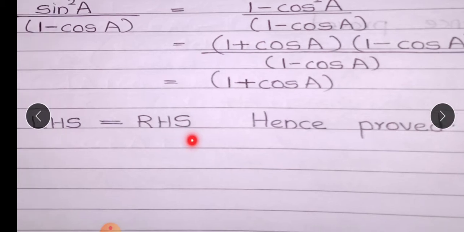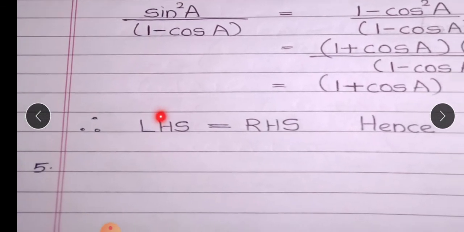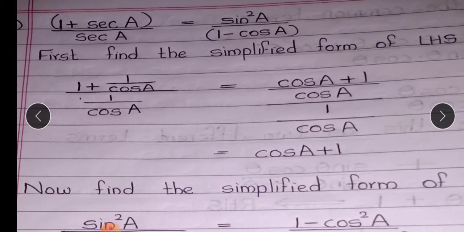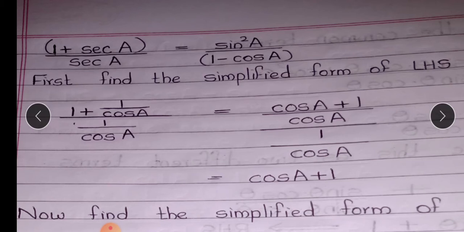In RHS also the simplified form is 1 plus cos A. So we proved that LHS is equal to RHS. So the identity is proved. What was the identity? 1 plus sec A by sec A is equal to sine square A by 1 minus cos A.